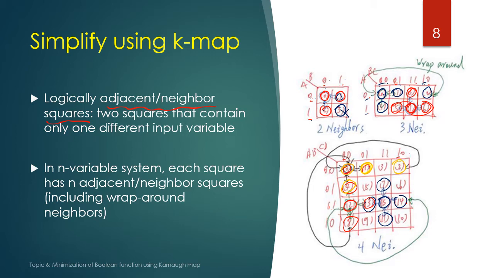First, square 2 and 0 are labels, and then square 8 and 0 are also labels. So we can conclude that for the 4 variable system, each square has 4 labels. Actually, if we expand this to an n variable system, each square should have n adjacent labeled squares, including wraparound labels.